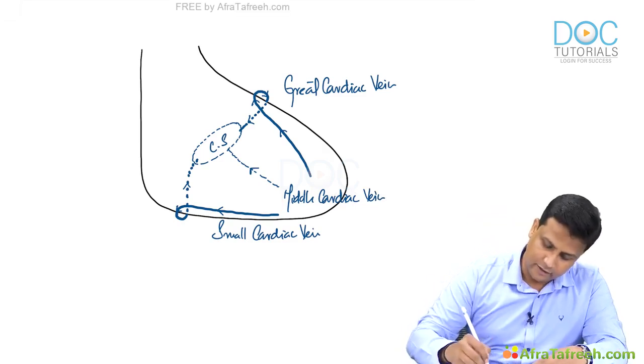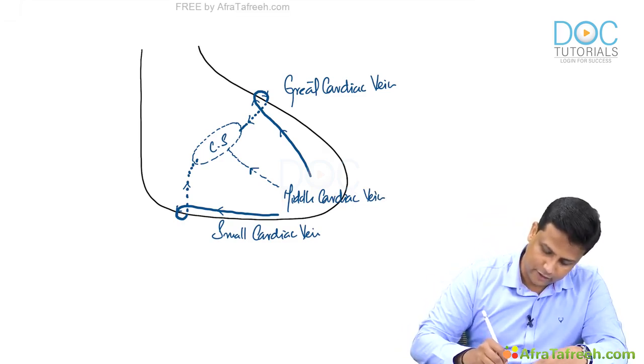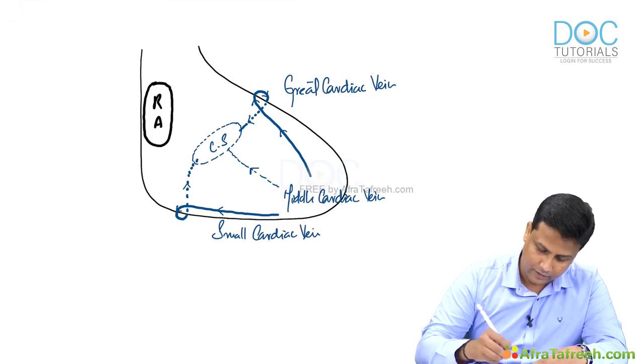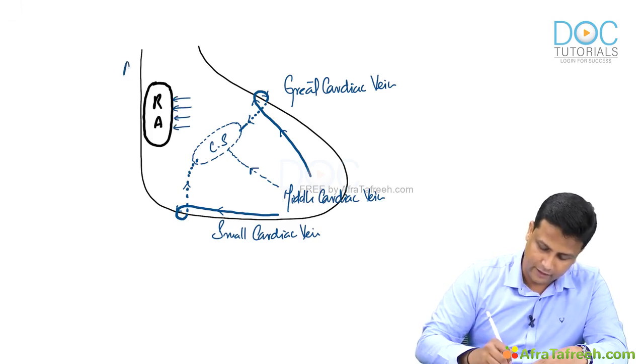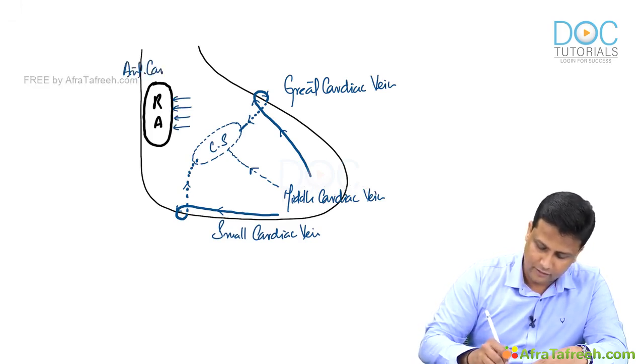Now just imagine that somewhere here you have the right atrium. This is just a schematic diagram, sir, for the sake of understanding. Right atrium. And there are 3 to 4 veins which are going to drain the blood into the right atrium directly. And these are anterior cardiac veins.